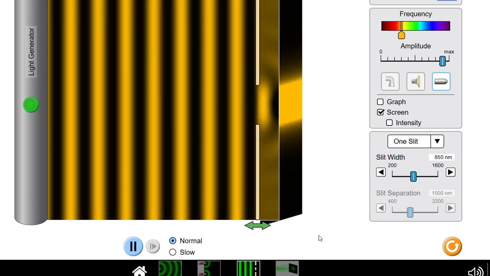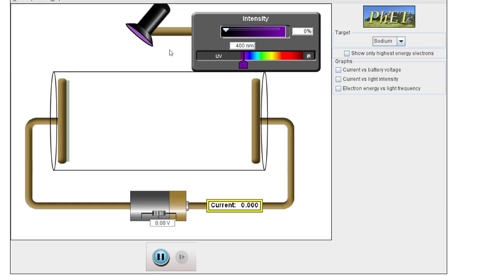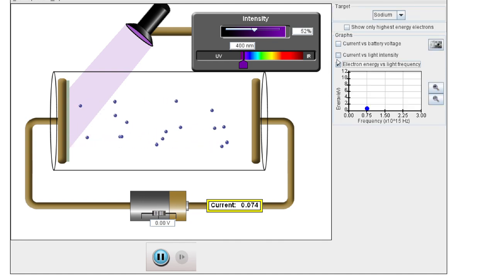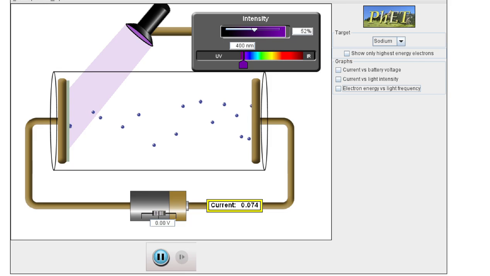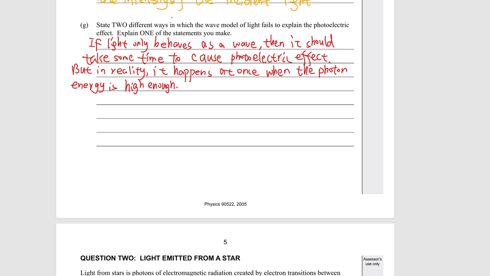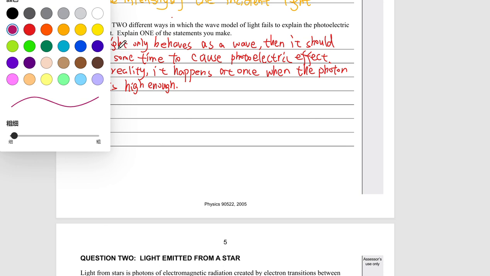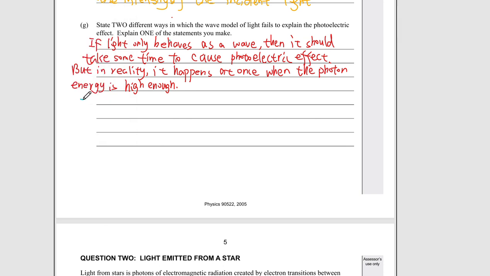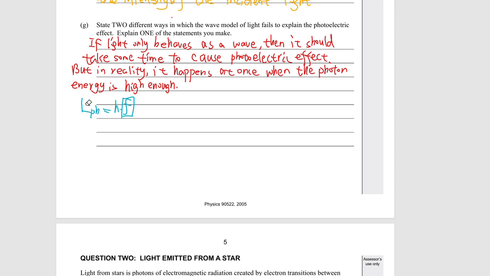But in the photoelectric effect, we know that our photon energy is only equal to h times f, the frequency of light, but not the intensity of light. Okay? So what does it mean?